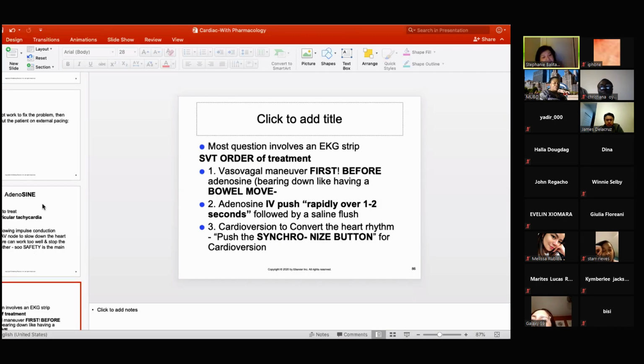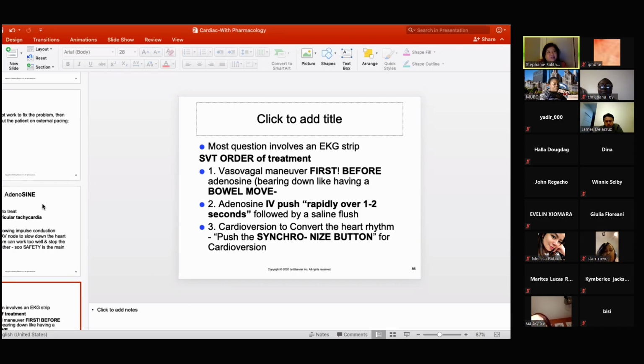If it does not work, then you give adenosine through IV push very rapidly, within 1 to 2 seconds, followed by a saline flush. You want to give it, and you want to make sure it reaches there. So you want to push the saline flush also.